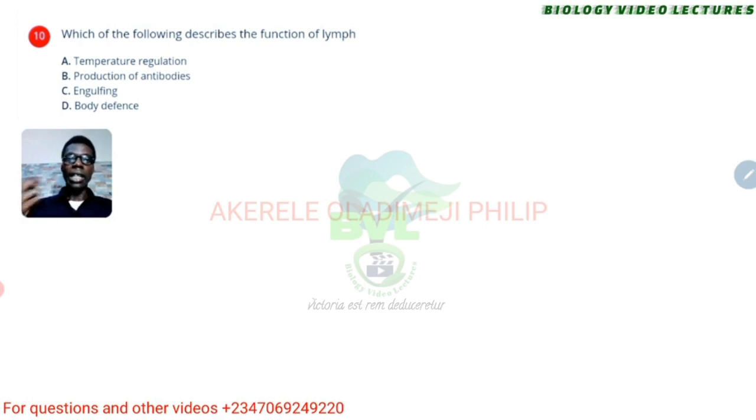However, there are structures called lymph nodes which produce lymphocytes, which produce antibodies. So here it says regulation of body temperature, no. Production of antibodies, engulfing, and body defense. Well, we can pick the production of antibodies, yes.